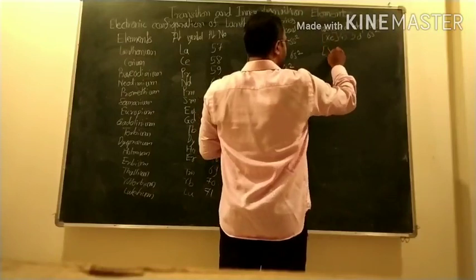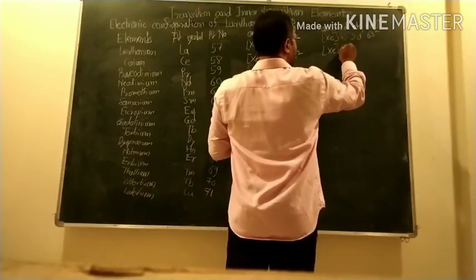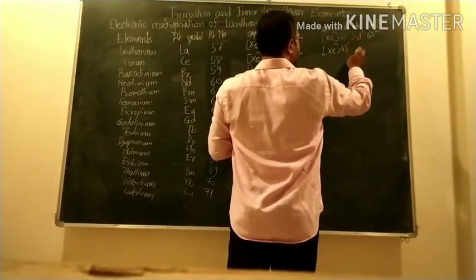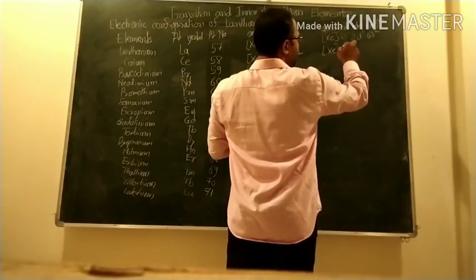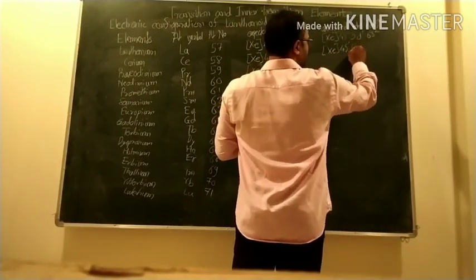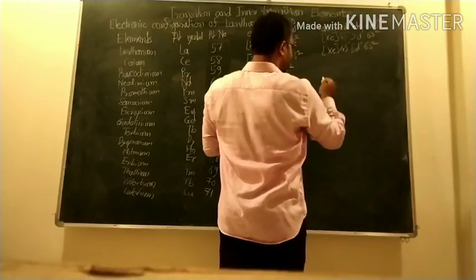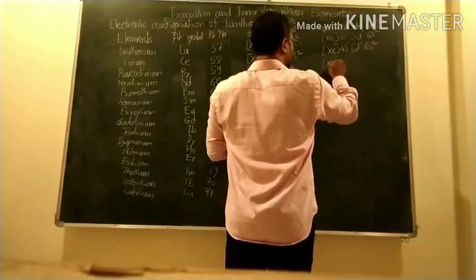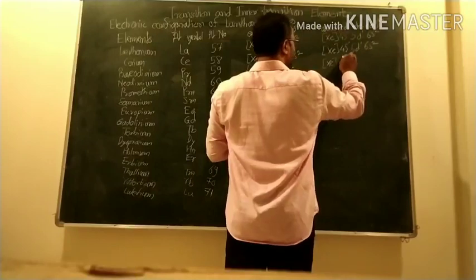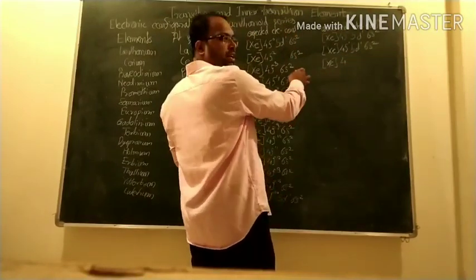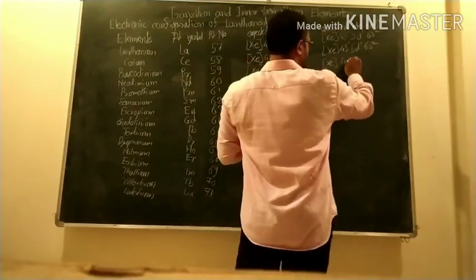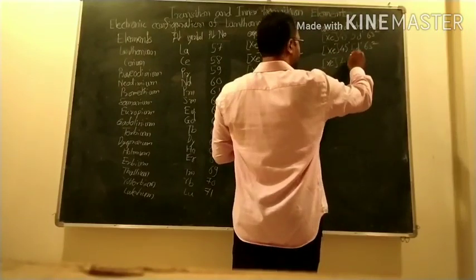For the second, only this first case is exceptional: only one electron is present in 4f, next is 5d1 and 6s2. After that, the electronic configuration is similar to the expected electronic configuration.